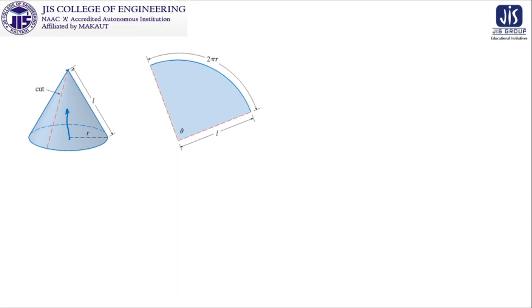Now this point is the intersecting point of this axis and this line. Now we are rotating this line fully with respect to this axis. Then you can visualize that this structure is generated, and this is the surface area of this particular part.